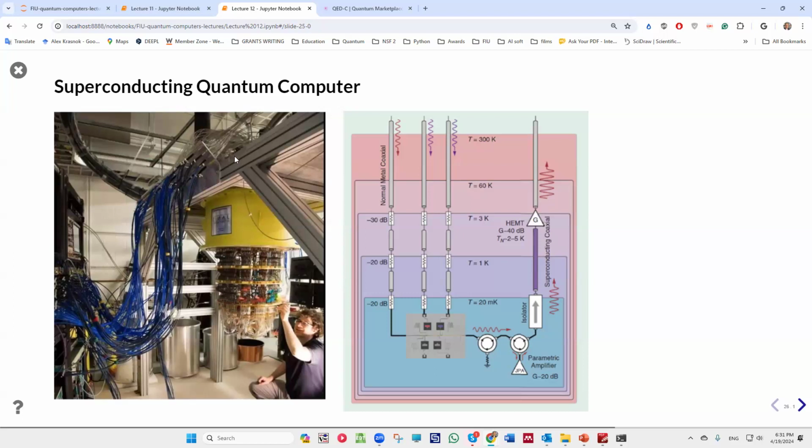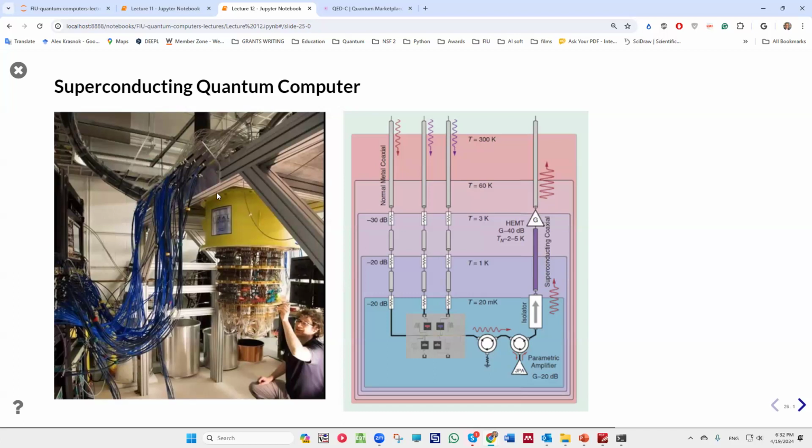One thing you can grasp from this picture is that any quantum computer requires a lot of microwave facility, like generators, receivers, detectors, circulators, and so on. Everything is connected to the quantum computer with these coax cables and wires.